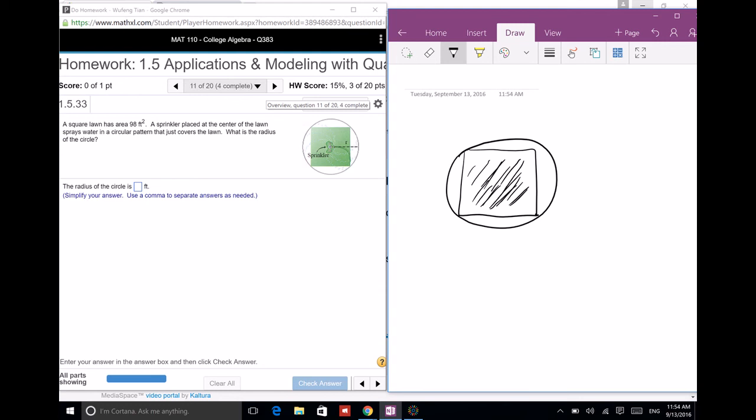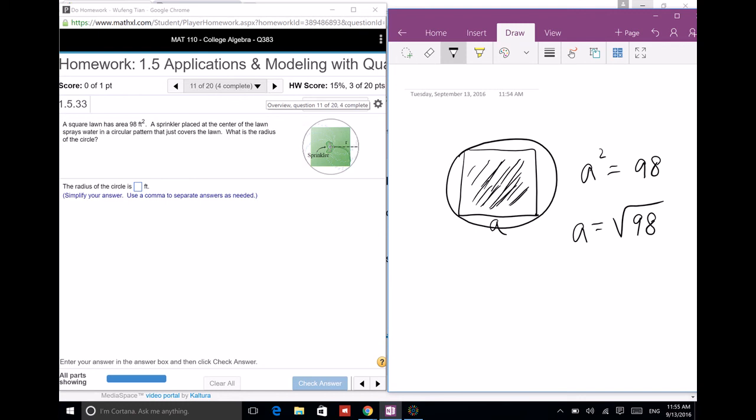What is the radius of the circle? So it's a square. Suppose the side is a. Then a squared equals 98, so a equals the square root of 98.